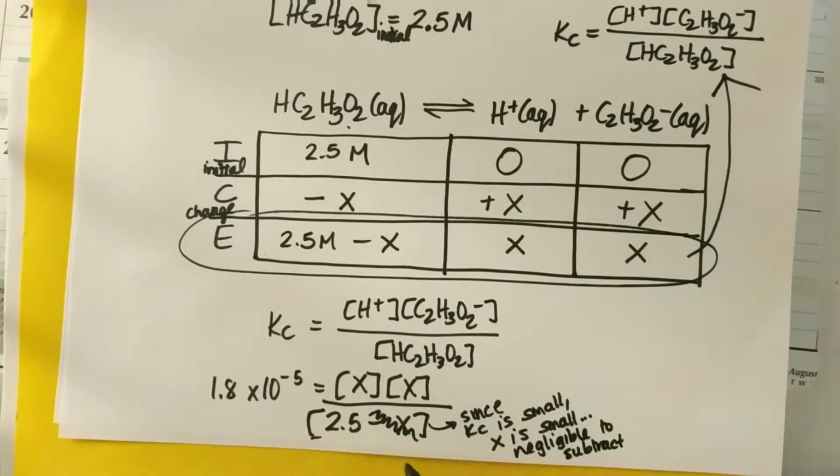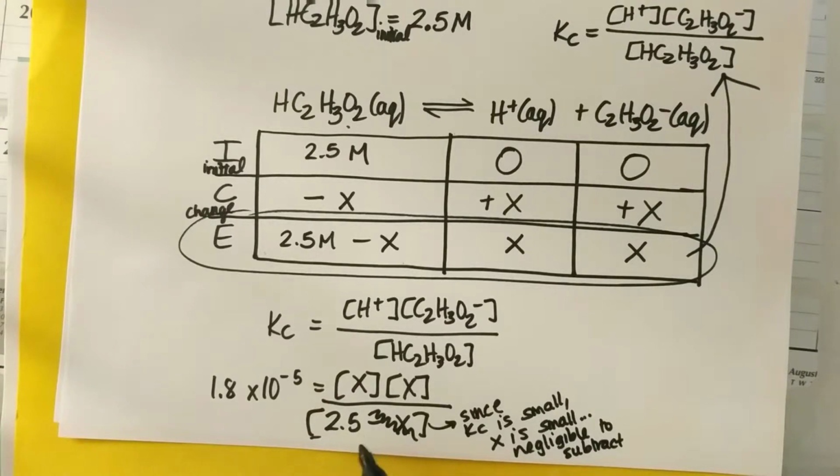So that means if X is small, let's say I had 2.5 minus 0.000001. If I plug it into the calculator, I'll get 2.499999999, which is basically 2.5. So this subtraction of X can be eliminated.